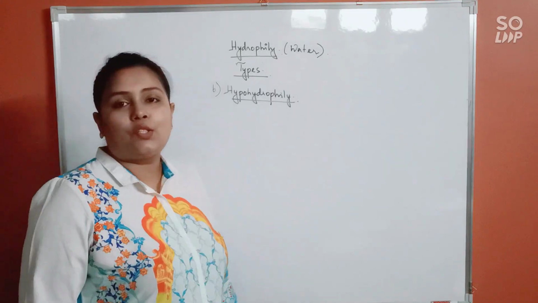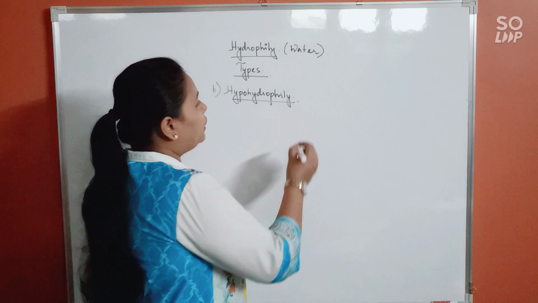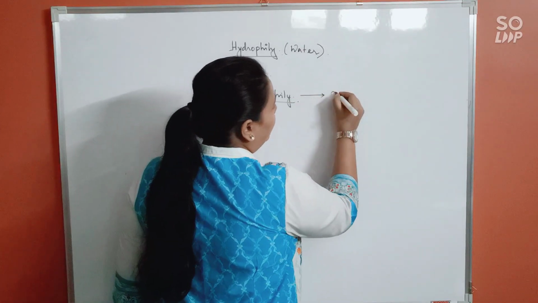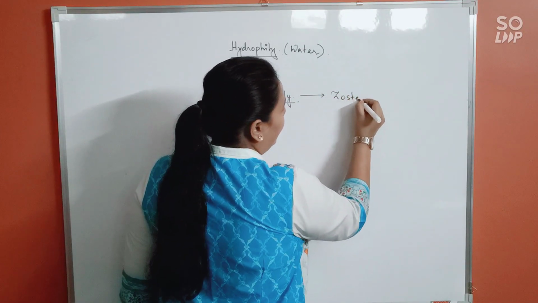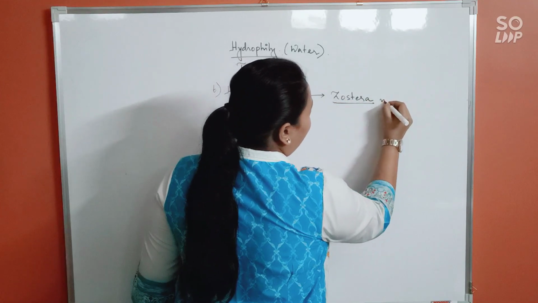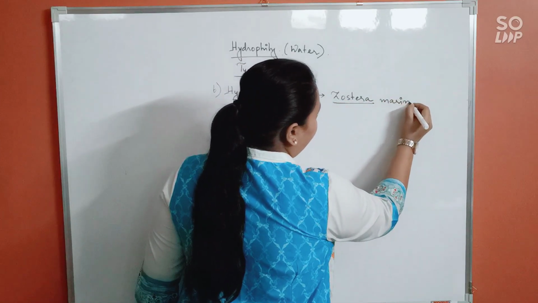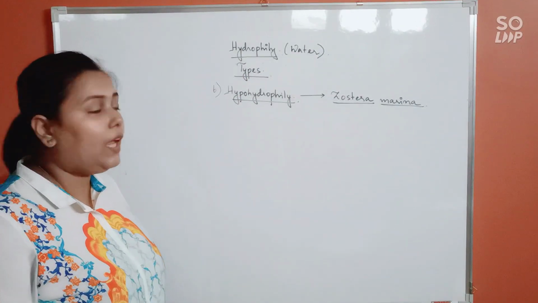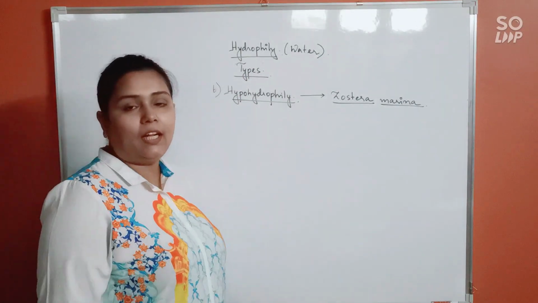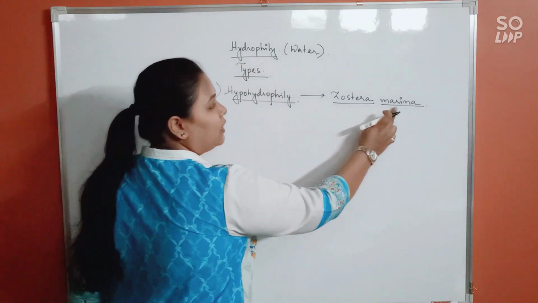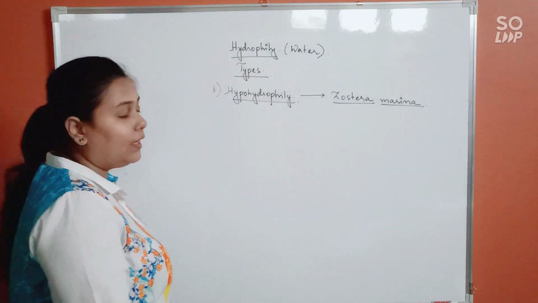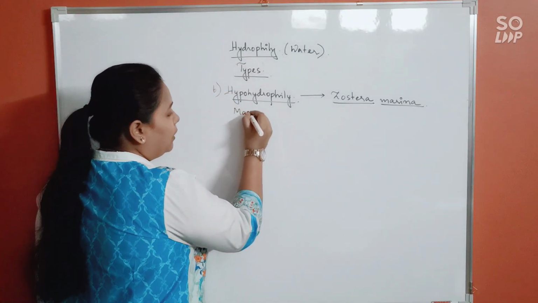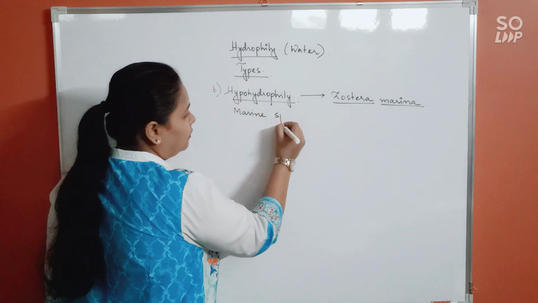Alright. So for hypohydrophily, I am going to take the example of Zostera marina. It's a marine species, as is suggested in the name itself.